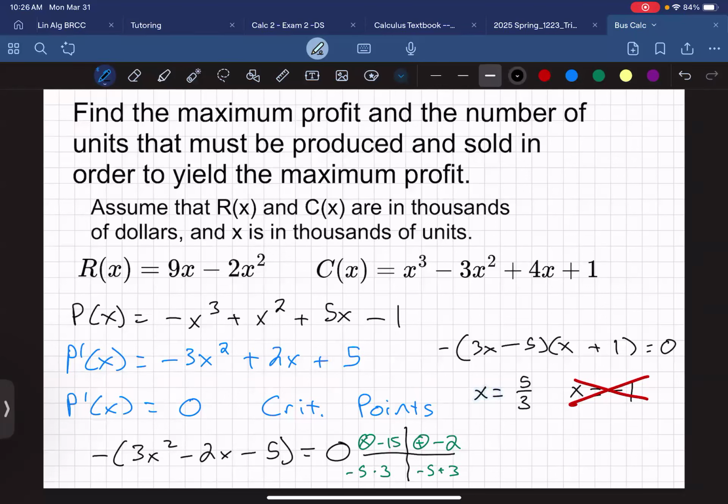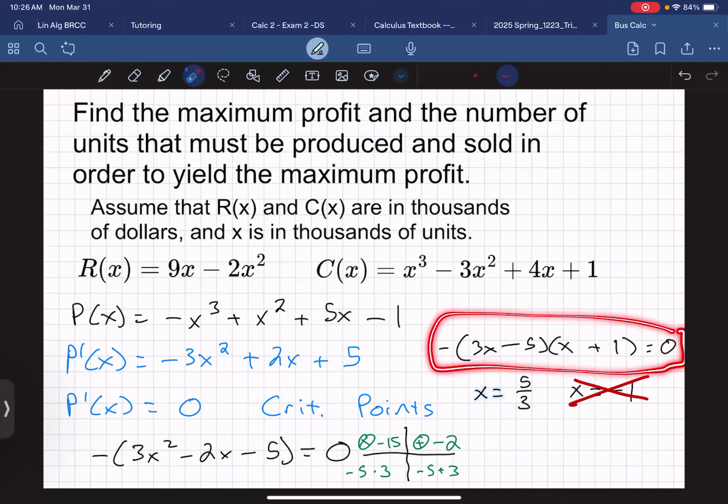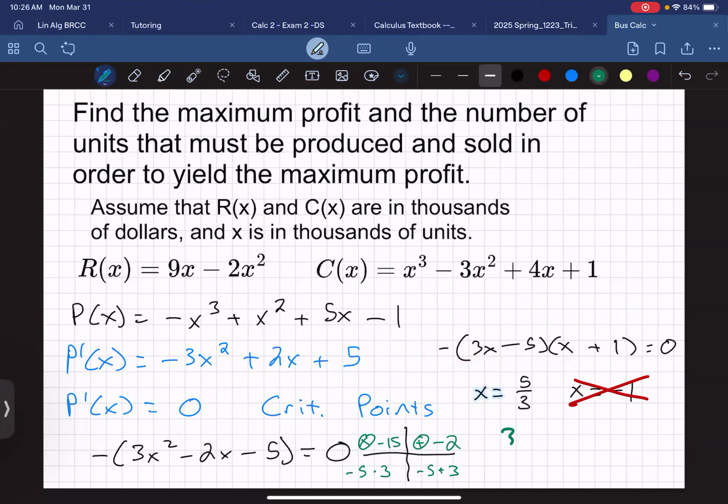Yeah, can you show it one more time where you got the 5/3 from? Are you good with the factors, though, where I got that from? Yes, sir. Yeah, so make sure you remember there then, I took the factor and set it equal to 0. So you add the 5 to both sides.